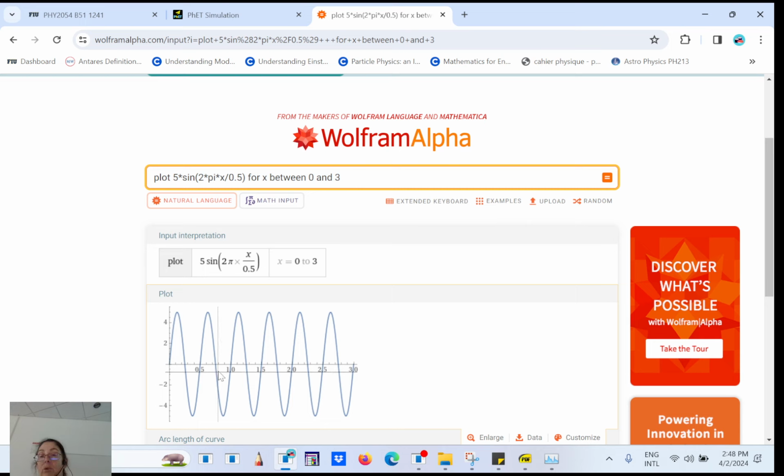Okay, so give me proof. You see the time here: 1 second. How many revolutions do you have? 1 cycle, and then 2 cycles. You have 2 cycles per 1 second. So that means the frequency is 2 hertz.